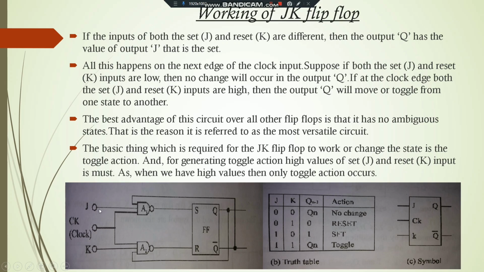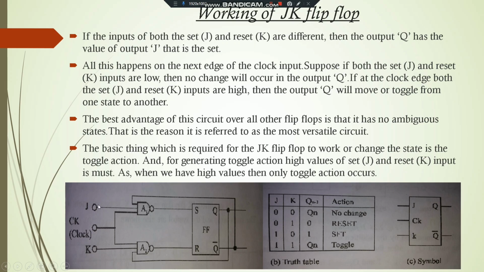If you give 0 to K and a high input to J, the output is plus 5 volt, which means the action is set.